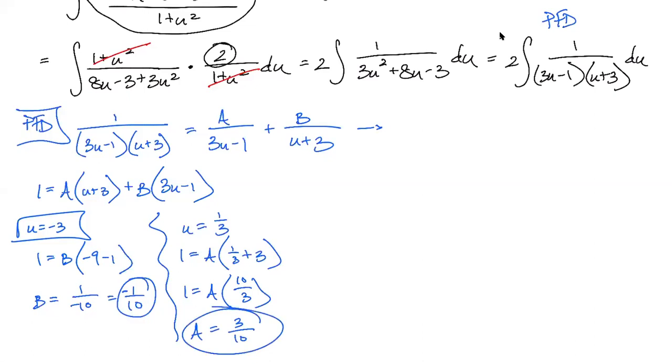Right, so we're getting two fractions, a -1/10 and a 3/10, but they have the same denominator, okay? Any questions about finding this A and B?